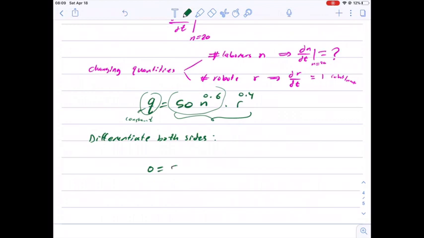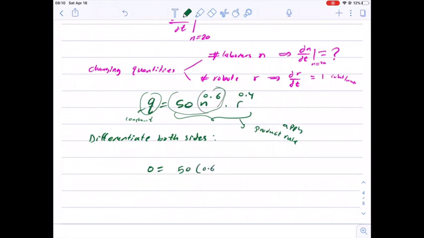Now what is the derivative of the right hand side? We have two parts. The first part is 50n to 0.6 and the other part is r to the power 0.4, and as we can see we can apply the product rule when we differentiate. So the derivative of the first times the second plus the first times derivative of the second. Let's apply this.